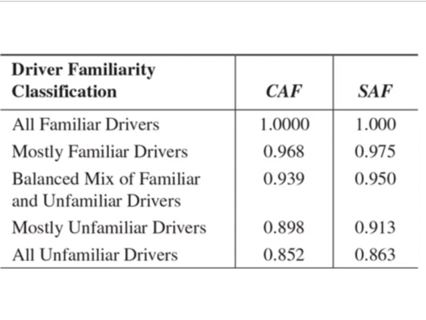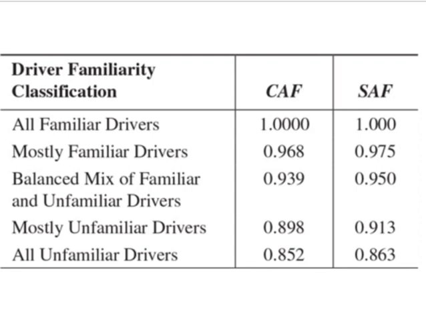This is for the condition of the familiarity of the drivers. So we have again factors for both parameters, speed and capacity. The first one is the ideal case, all drivers are familiar. The second one is most of them are familiar, and most of them means more than 50% are familiar.